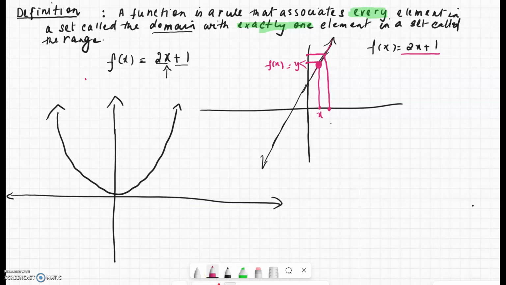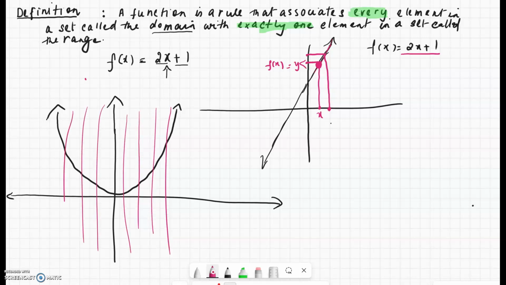If every x must have exactly one y, that is the same as saying that if I draw vertical lines through this graph, and if every vertical line that I can imagine drawing through this graph intersects with the graph at exactly one point, that is the same as saying that every x has exactly one y. So this is called the vertical line test.